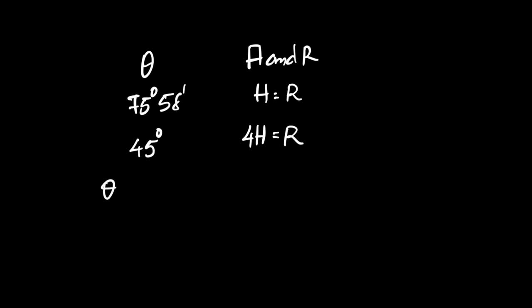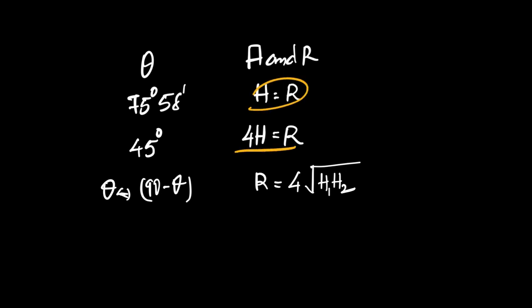And when the two projectiles are fired at theta and 90 minus theta, r is equal to 4 into root of h1 h2. So this table can also be useful if you solve problems. If you get a question based on either h is equal to r or 4h is equal to r, you don't need to derive further. You can directly solve the question using these angles, or vice versa.